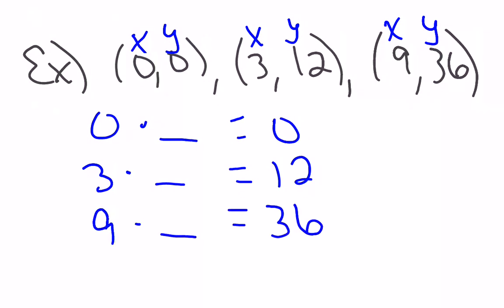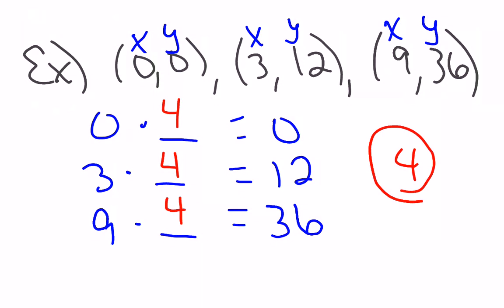And hopefully that number is the same all the way down. Well, any number times 0 is 0, so that one's hard to determine. But let's look at our other clues. 3 times what gives us 12? Well, that's 4. 9 times what gives us 36? 9 times 4. Oh, so it looks like our constant of variation is 4 because that worked in all of them.